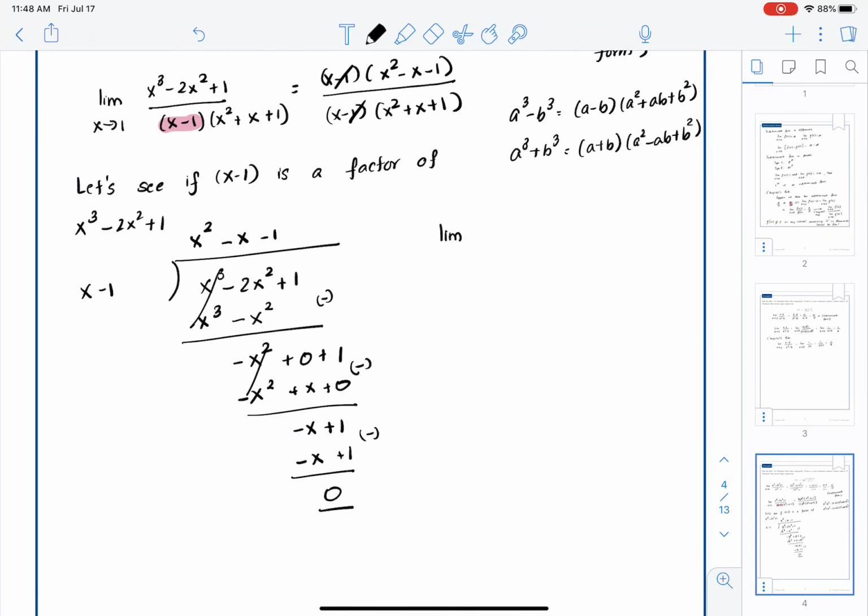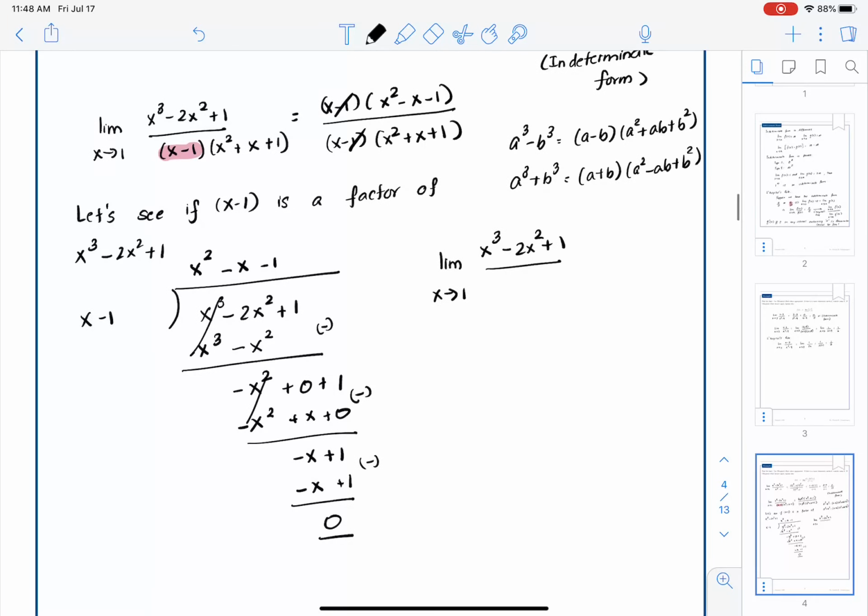So the limit as x approaches 1 of x cubed minus 2x squared plus 1 divided by the original function x cubed minus 1 is equal to the limit of x squared minus x minus 1 divided by x squared plus x plus 1, which would give us 1 squared minus 1 minus 1 divided by 1 squared plus 1 plus 1.